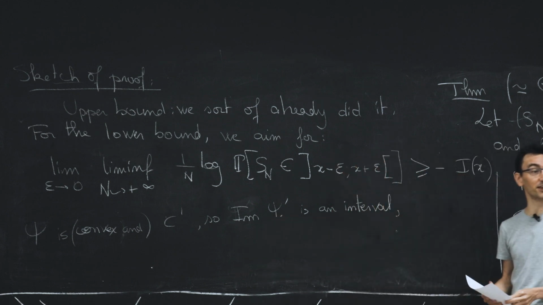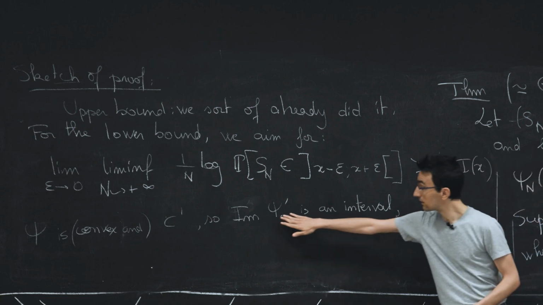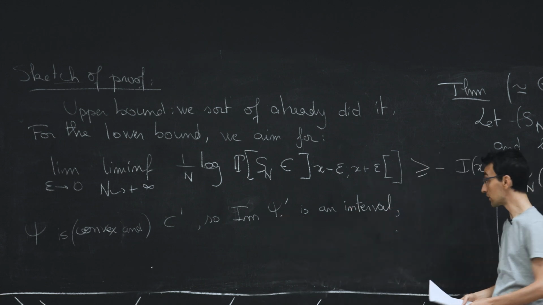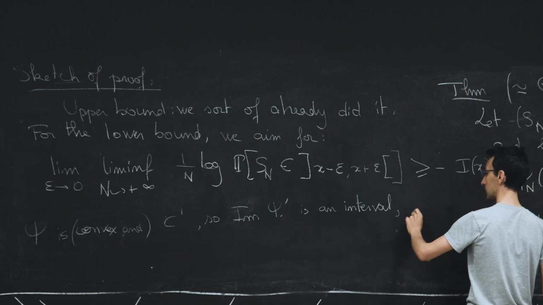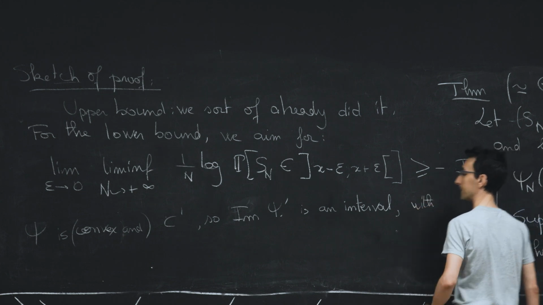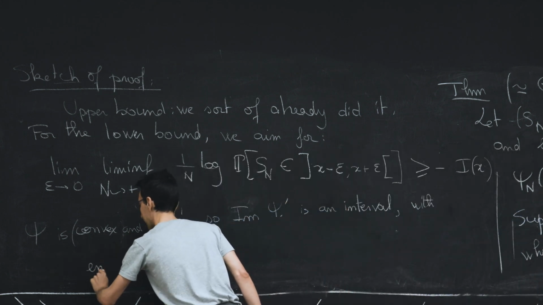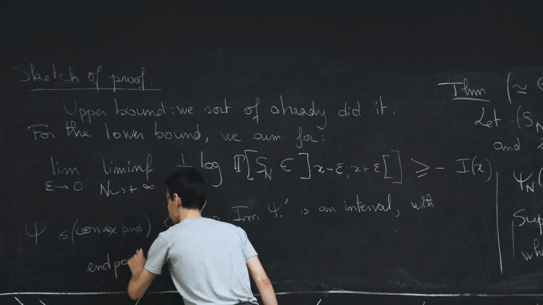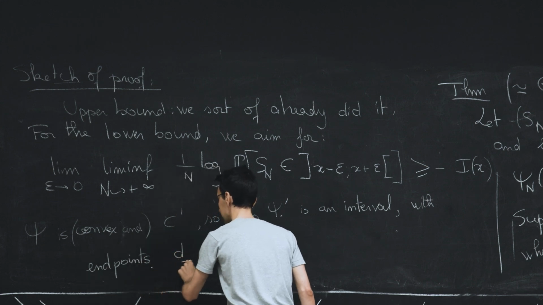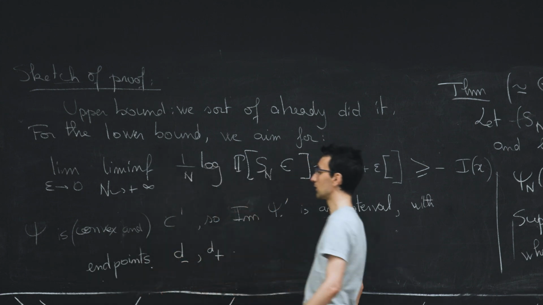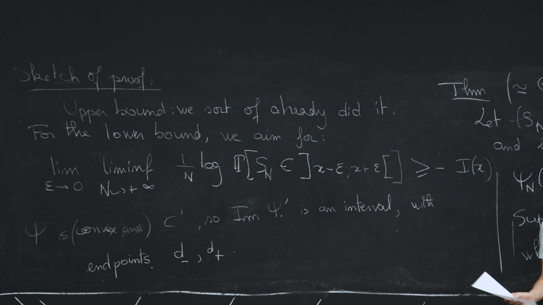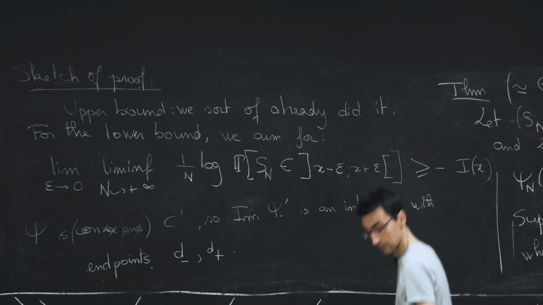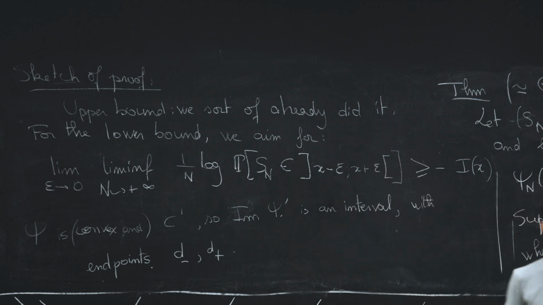So it's kind of clear that the image of R by psi prime is going to be an interval. And let me call the endpoints D minus and D plus. I don't tell you if the interval is closed or open. I don't tell you if D plus is finite or infinite, but I just give names to the endpoints of the interval. Eventually it might be minus infinity, plus infinity.